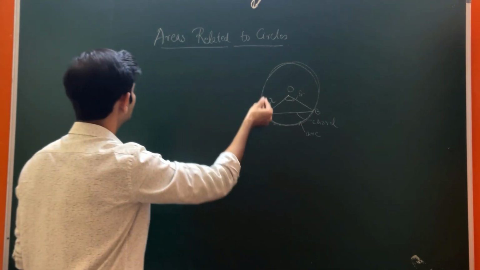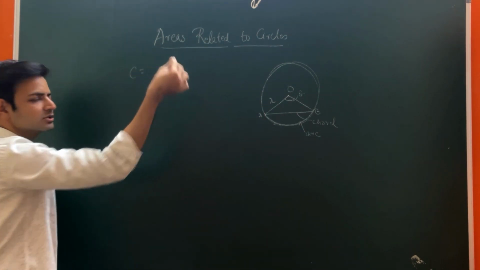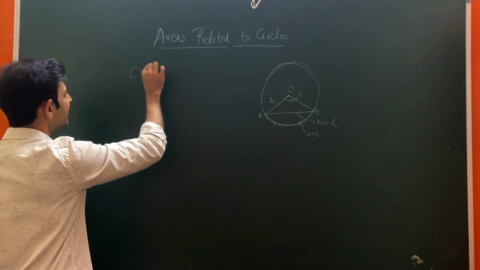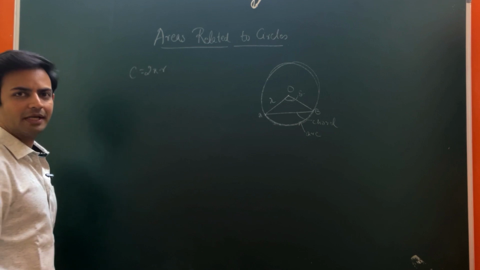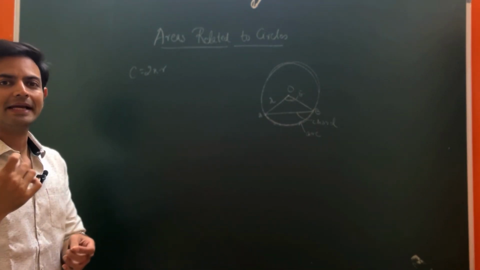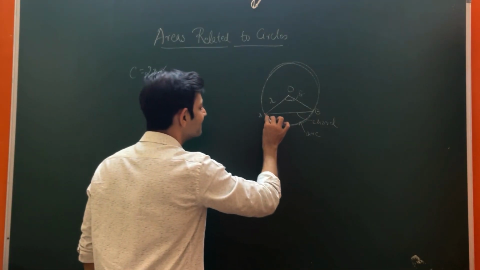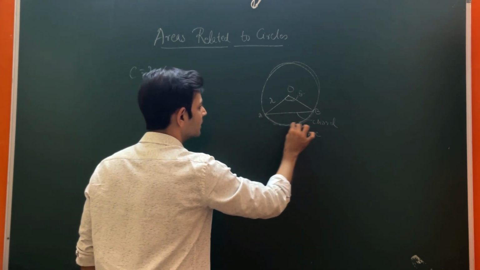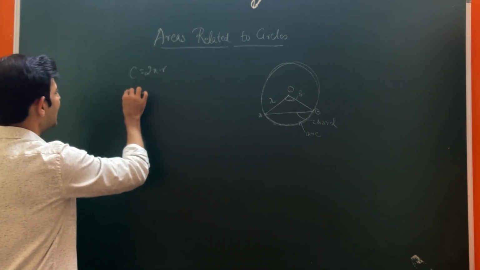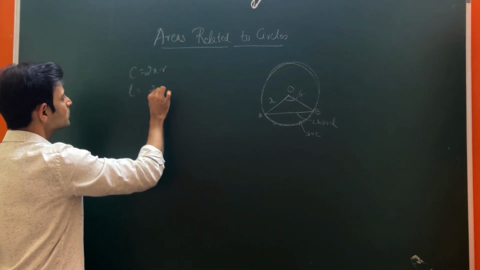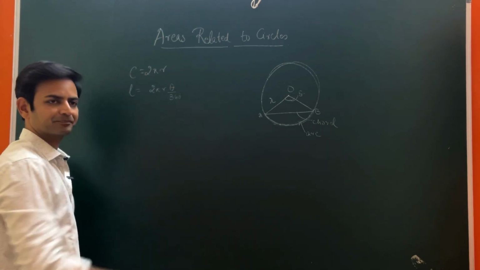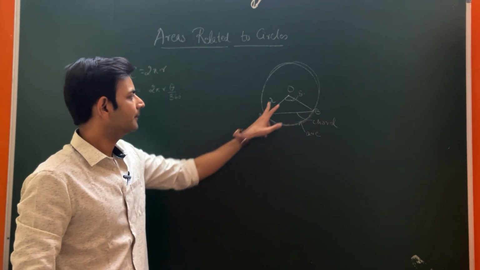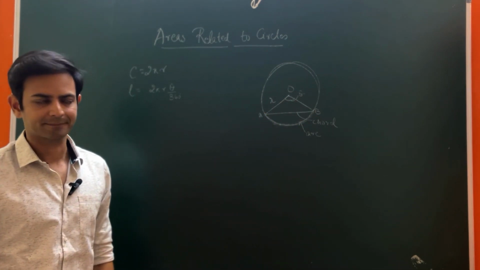We know that the circumference of any circle is 2 pi r. Similarly, if we have to find the length of the minor arc, we say L is equal to 2 pi r theta by 360, where theta is the angle made by 2 radii.